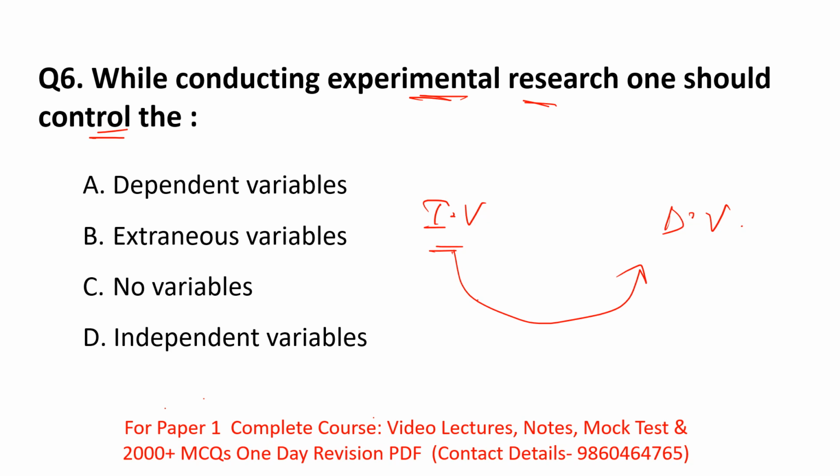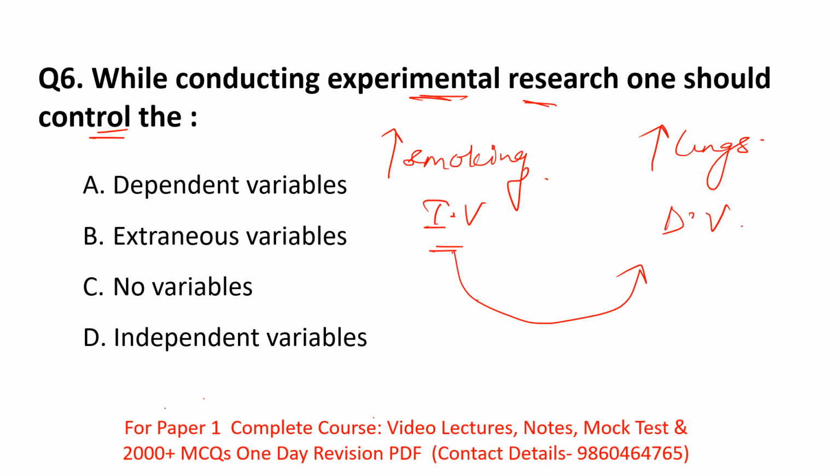Take an example: if a person smokes in very high quantity, then what happens? Their lungs also get damaged. So the independent variable is deciding how other variables behave.